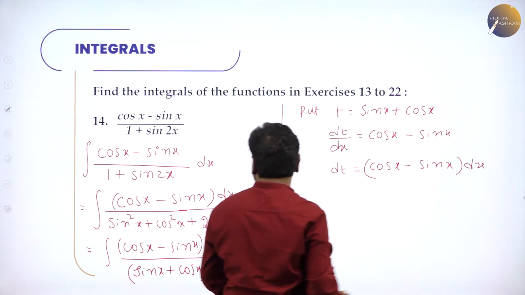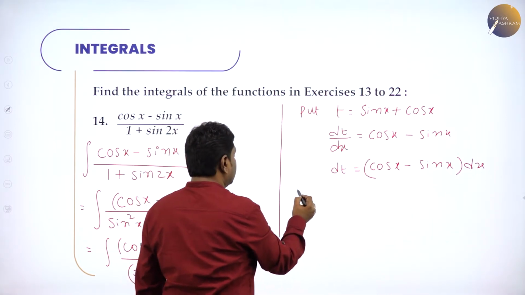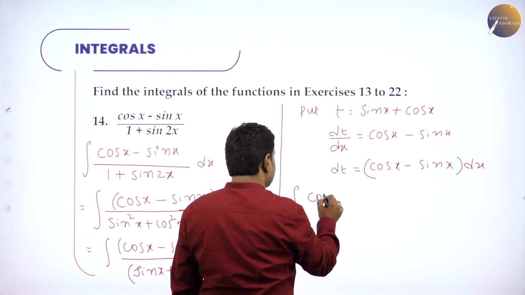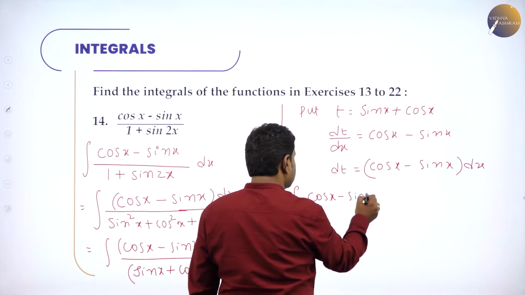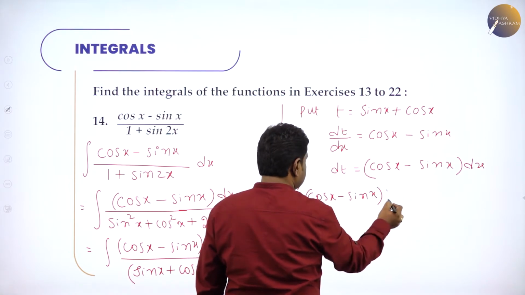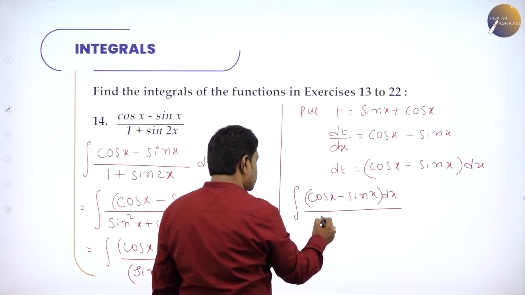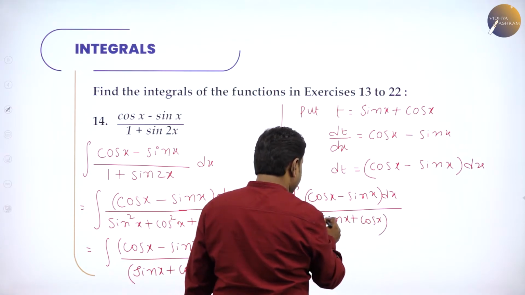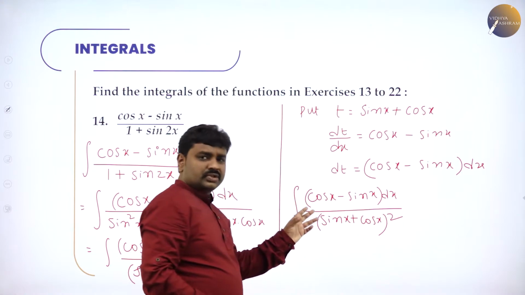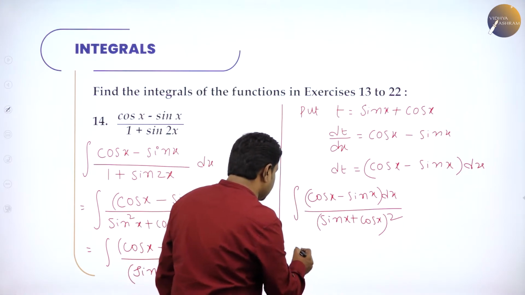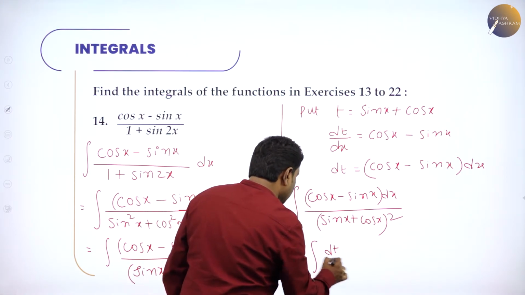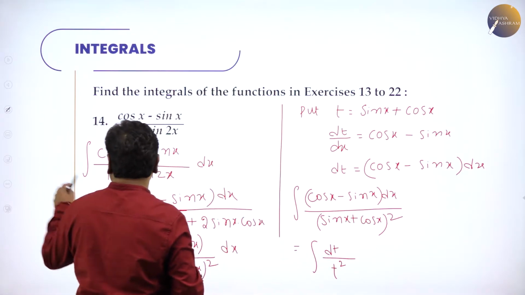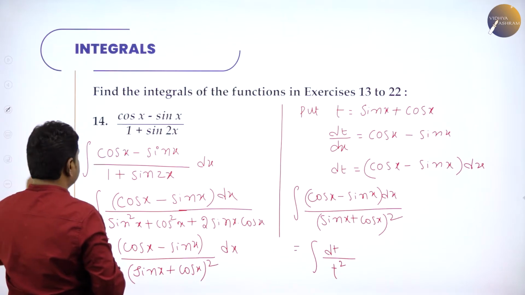So now you can write the given problem as integration of cos x minus sin x dx divided by sin x plus cos x the whole square. Numerator I can write as dt, and the denominator sin x plus cos x we took as t, squared.